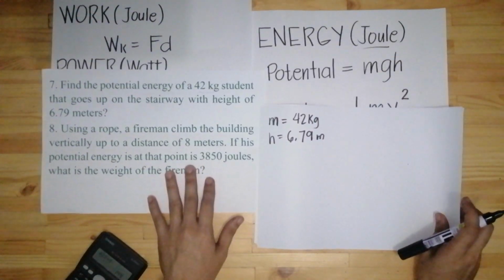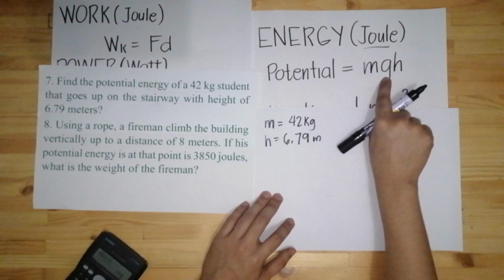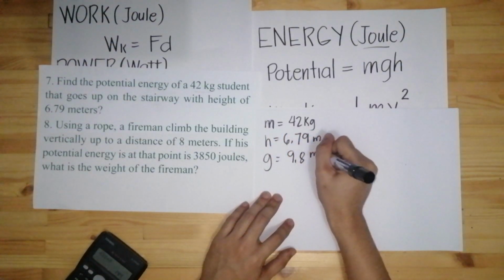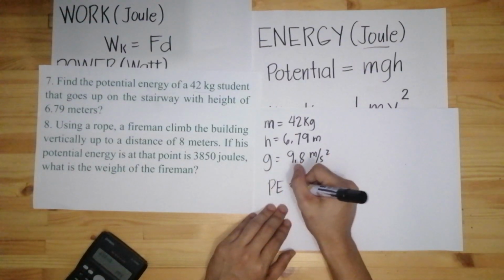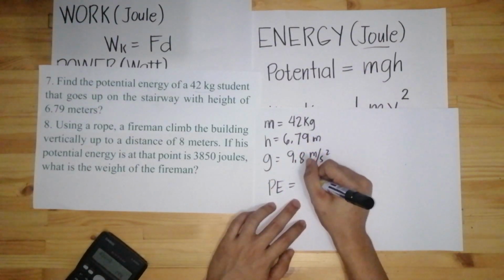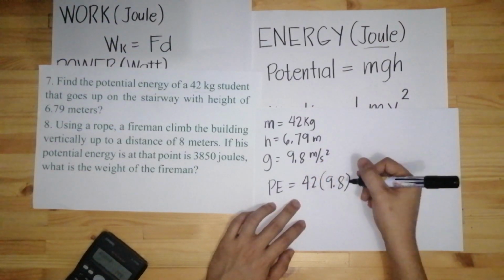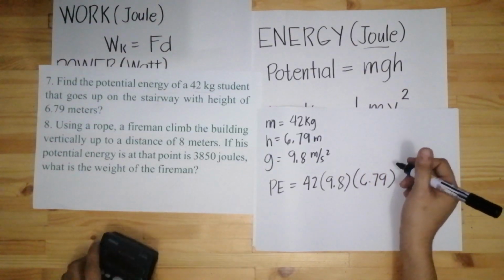What? So, tinatanong is the potential energy. The potential energy has a formula of mgh. So, ang G, alam naman natin, given yan. So, meron tayong G na 9.8 meter per second squared. So, palitan lang natin, potential energy or PE is equal to M42. Gravitational acceleration is 9.8. The height is 6.79. Multiply the three numbers.